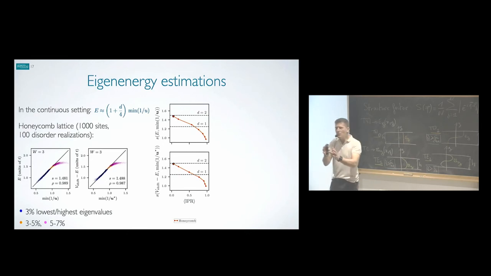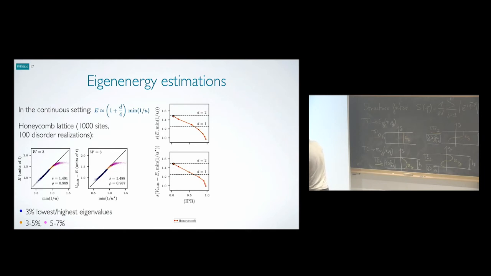So to have a universal quantity to measure the disorder, we use the mean IP here. In this way, we can compare different lattices with different connectivity, different nearest neighbor interaction. But first, this is what we obtained for the Honeycomb lattice.